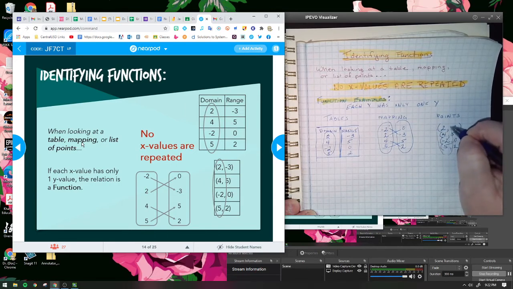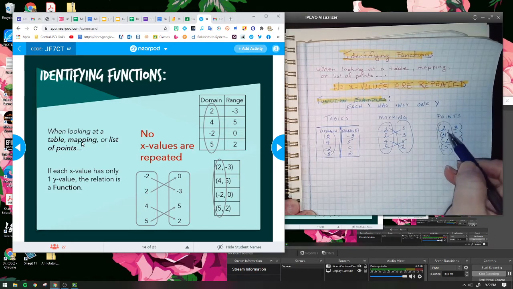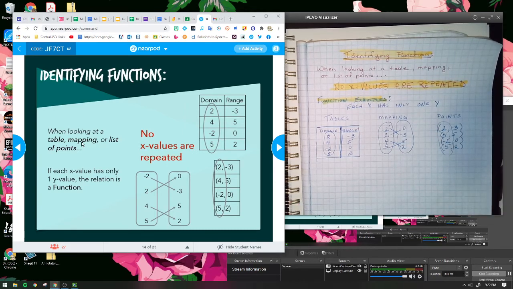These are my x values right here: 2, 4, -2, and 5. Again, nothing is repeating, so I'm good. That's my tables, mapping, and points.